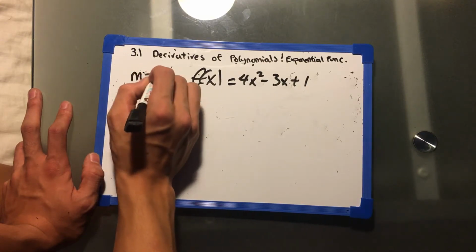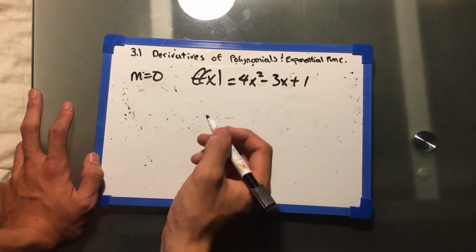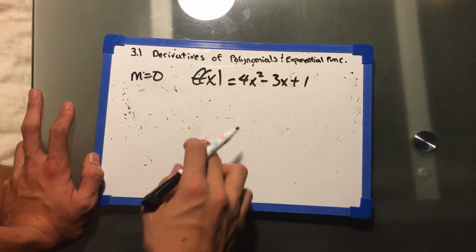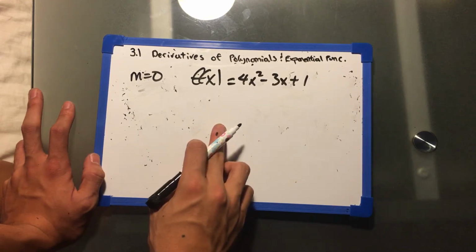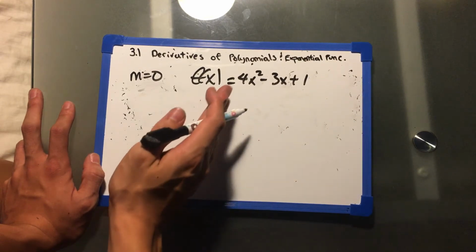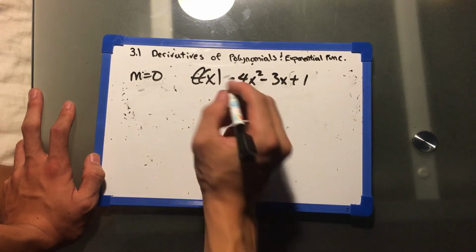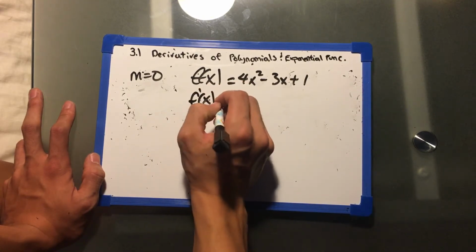Slope 0, right? So, to solve this, we'd find the slope equation for every single point on this f of x. So you find the derivative of f of x.